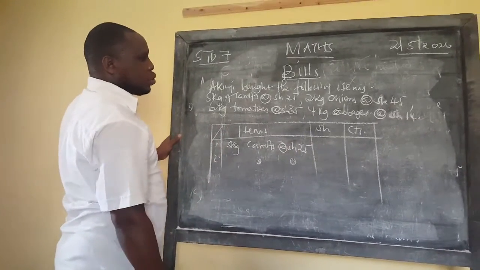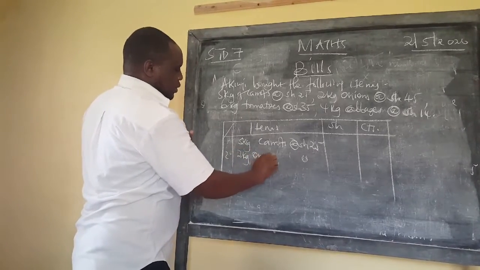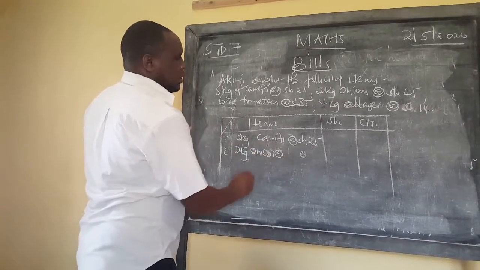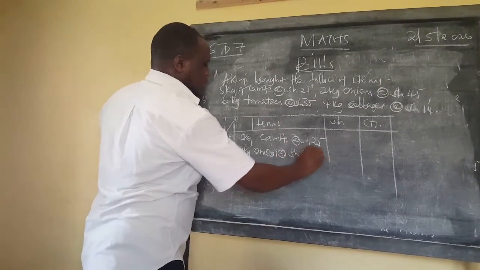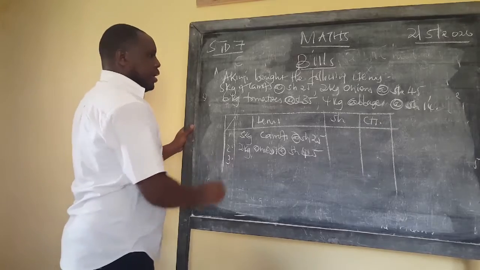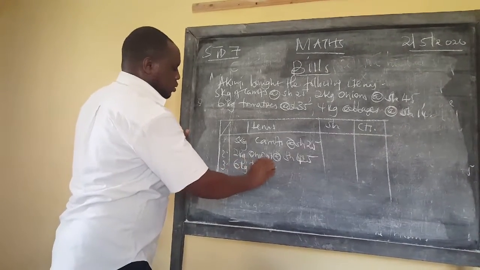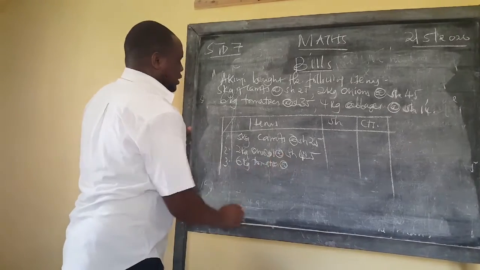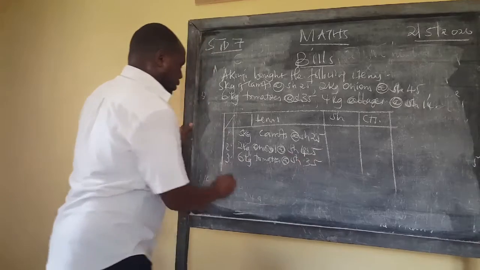Number 2, 2 kg onions at 45 shillings per kg. Number 3, 6 kg tomatoes at 35 shillings.